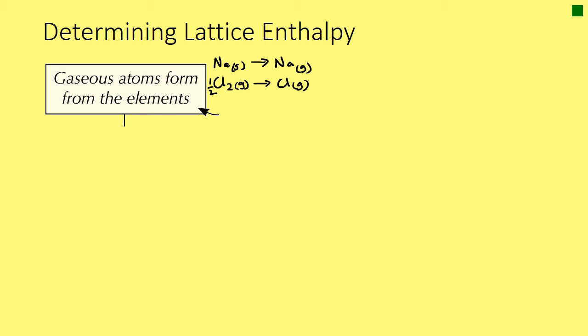So this step here would be known as the enthalpy change of atomization, and you'll need to memorize a strict definition of enthalpy change of atomization. So that's the first step.